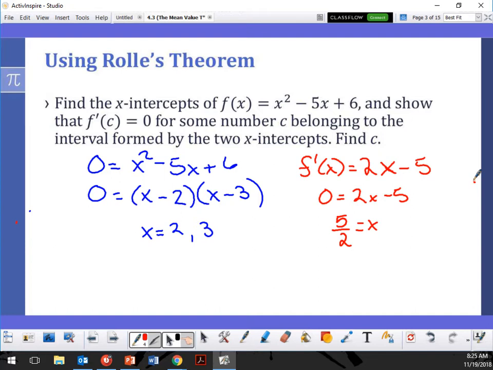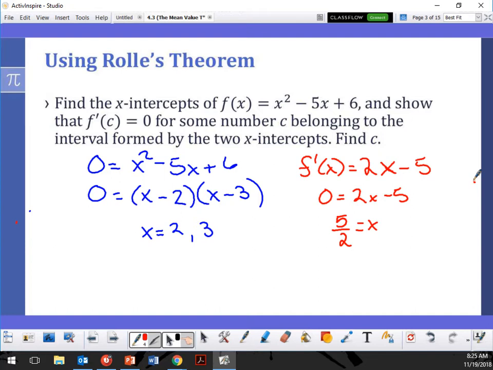So is that 5 over 2 inside the interval? That's 2.5, isn't it? Is that right in between my interval from here to here? Yeah, so it is. So my value, the derivative equal to 0 for some number c belonging in the interval formed by the two x-intercepts. Find c.